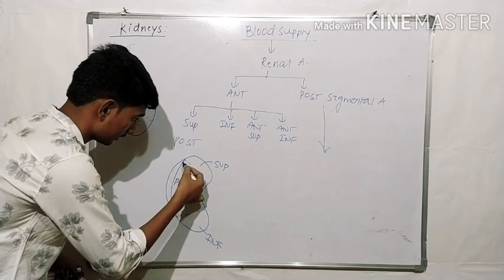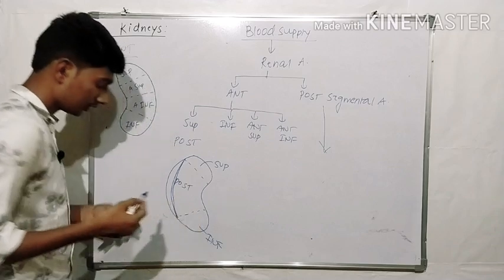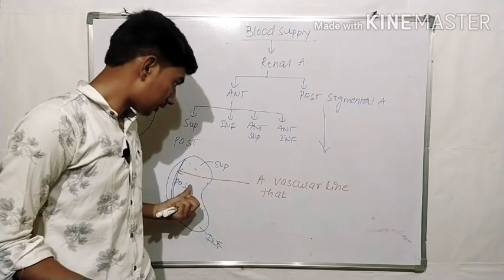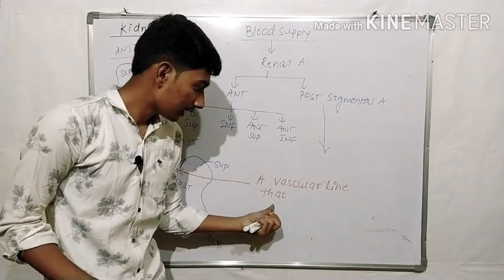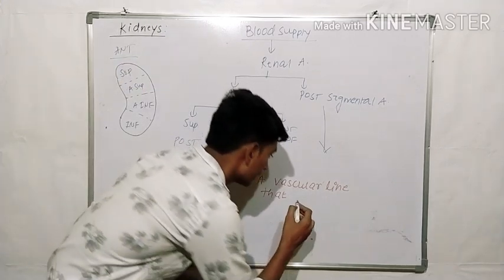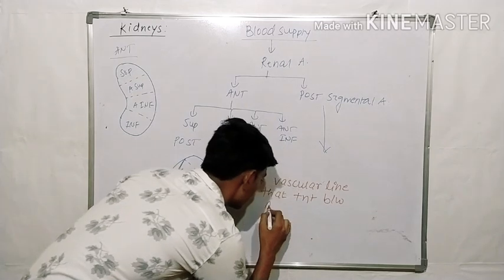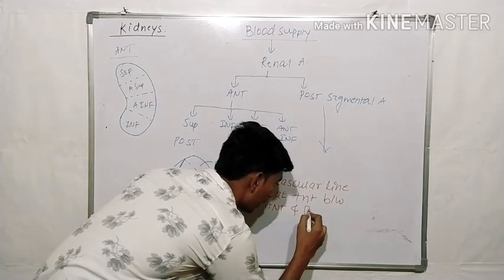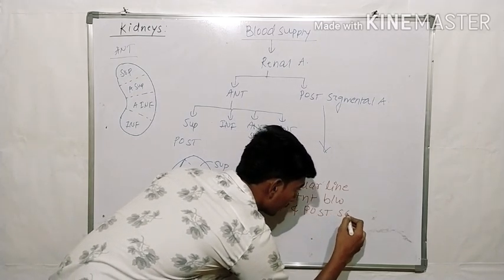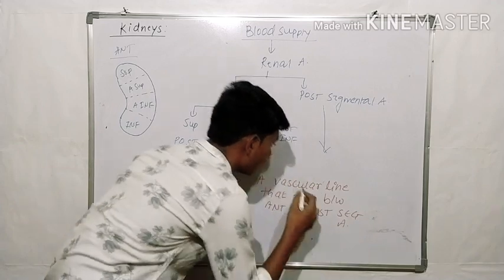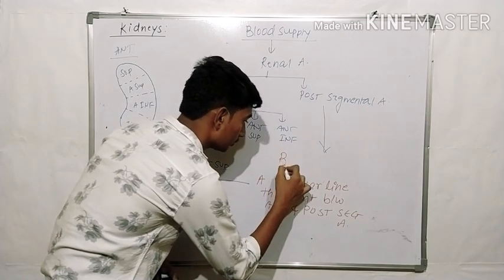And this thing you have to remember. This is a vascular line that is present between anterior and posterior segmental arteries.